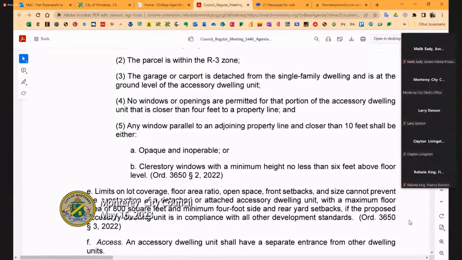Right. So that's the balance. Do you want more privacy for the neighbors, even though our ordinance is less restrictive than state law? Or do you want to be in the middle ground and have opaque and allow them to be operable? Or do you want it to be as written?